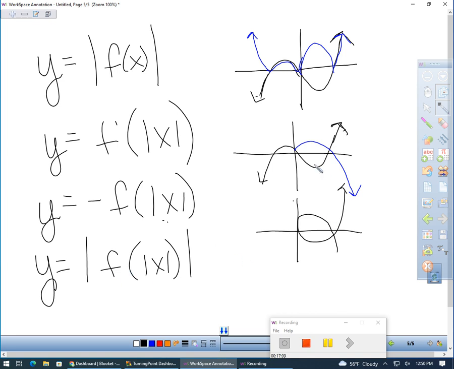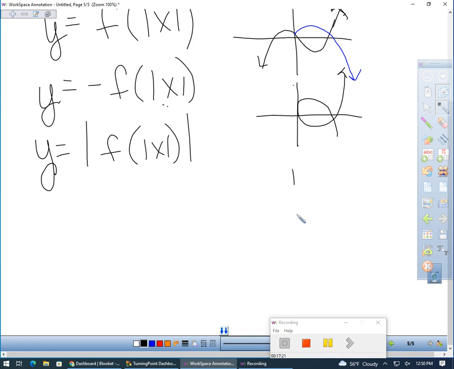And then how could I change? Let's actually get this back here. So here's my original function that I've been drawing, right? All right. So my whole function has to go positive. So that means this piece right here is going to go up this way. And this piece right here is going to go this way.